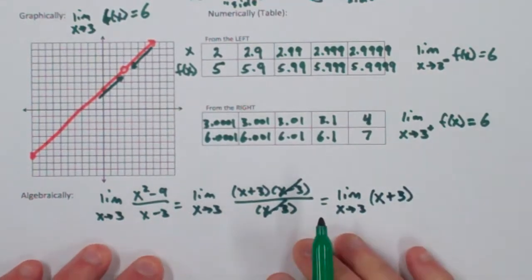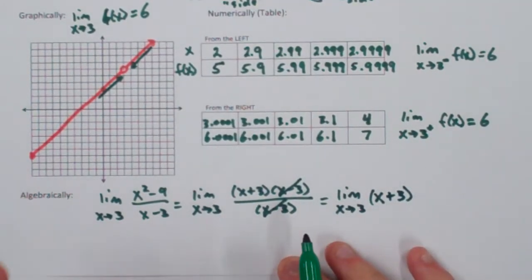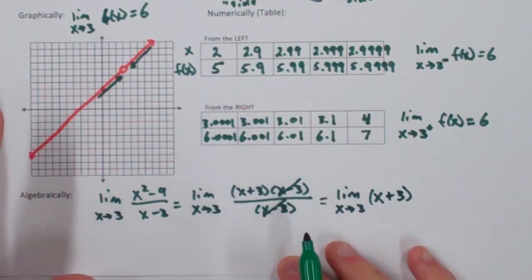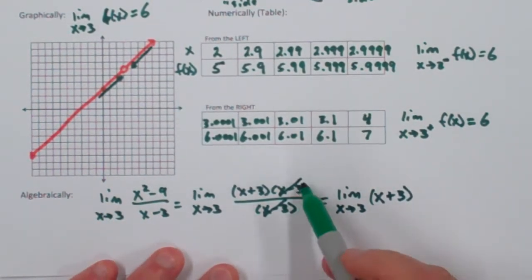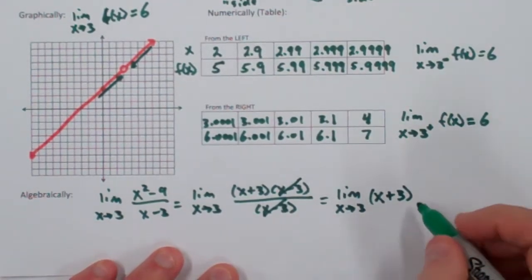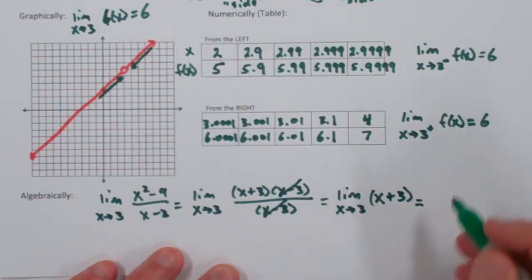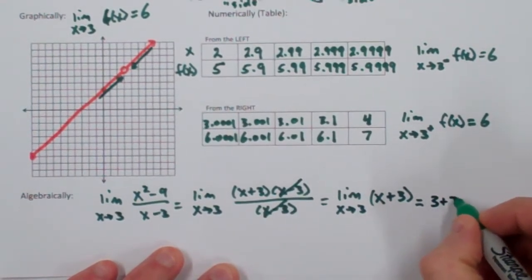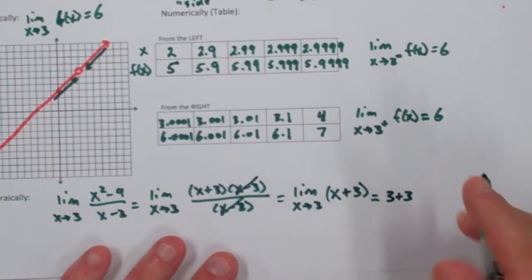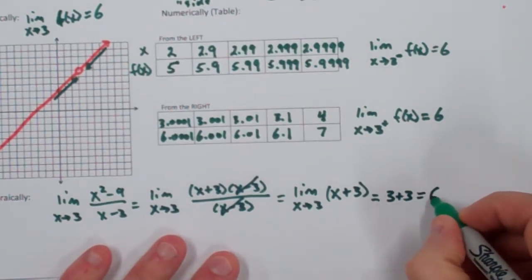Previously, when we tried a direct substitution, we said, what's going on with this function if x is 3? And it didn't work. However, with a limit, we can try this algebraic technique, and then, after we've tried the algebraic technique, substitute 3 in. So that would be 3 plus 3, and you guessed it, that would be equal to 6.